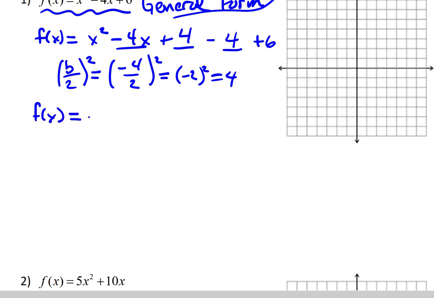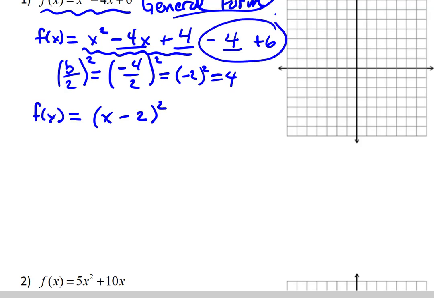Now our next step in completing the square is going to be to rewrite our function. So we'll say f of x equals, and then this trinomial that we've now created by adding the 4 is the perfect square, and so we can factor that as x minus 2 squared. That represents, again, just the trinomial there that's showing up as x squared minus 4x plus 4. But then don't forget, we have this minus 4 and plus 6 at the end.